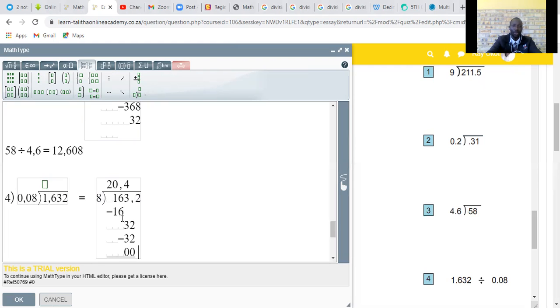And so when we subtract, we get nothing. Now we bring this 3 here. We want to divide it by 8. But can 3 be divided by 8? No. In other words, 8 will go into 3 0 number of times. So we put the 0 there with a decimal point.